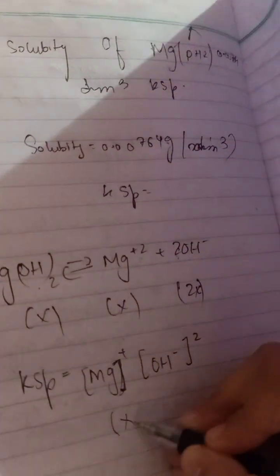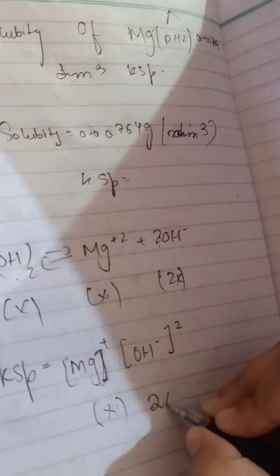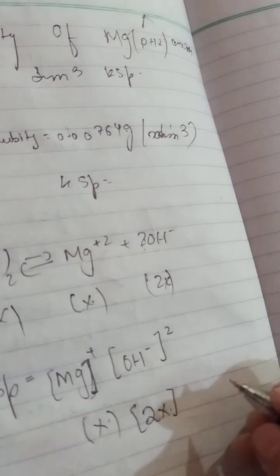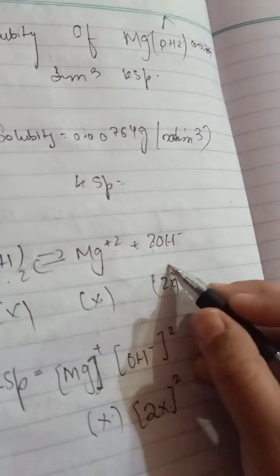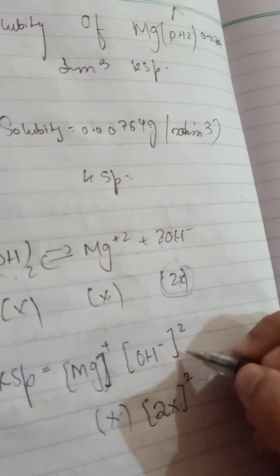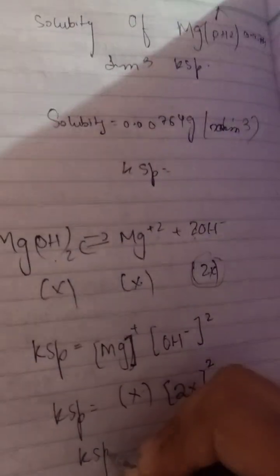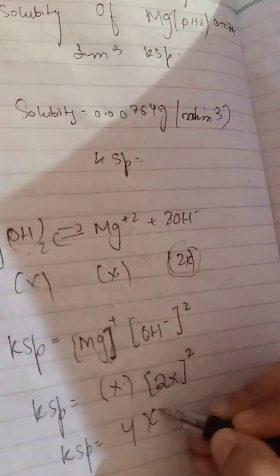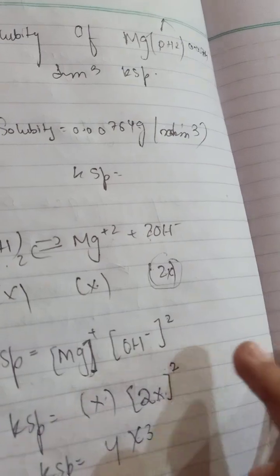This one is x because we do not know the concentration, and here 2x means the coefficient and the unknown concentration. The OH concentration is squared. So Ksp will be equal to 4x cubed, multiplied by 2x, so this will be x cubed.